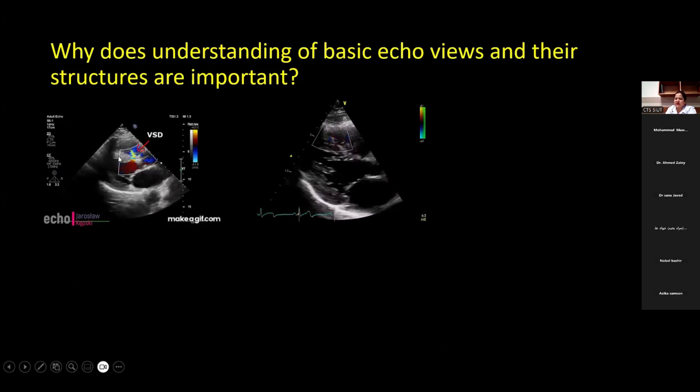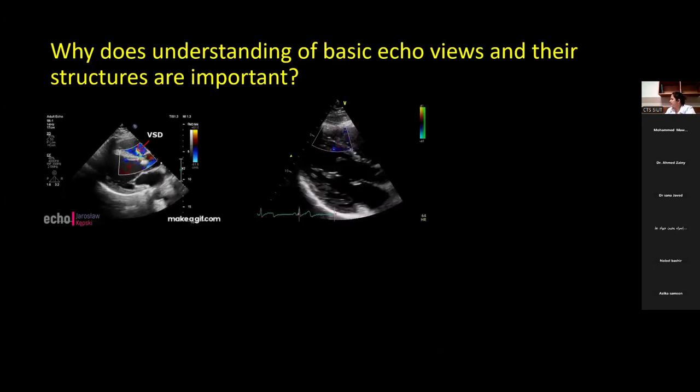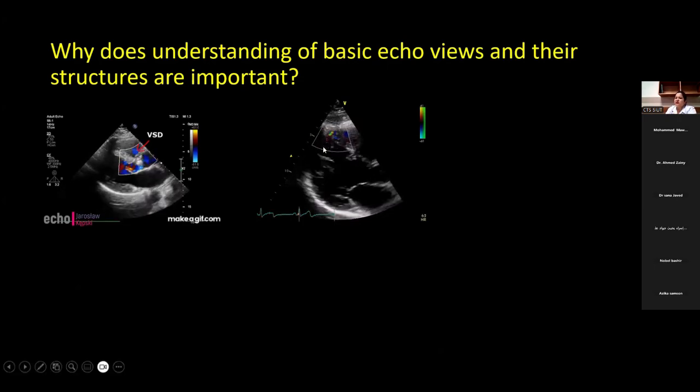This interventricular septum should be intact. There should not be flow like this. If there is some flow, it means there is something abnormal, and you can identify this is a ventricular septal defect.